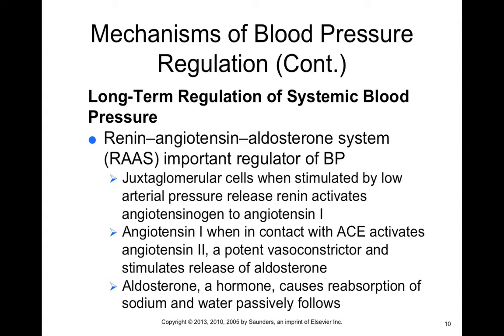And vasopressin is also a vasoconstrictor, which can increase blood pressure. And last but not least, angiotensin 2 can also act on the hypothalamus to make you feel thirsty. So when you have that sensation of thirst, that can make you seek out water. You're going to ingest water, which increases your blood volume and increases blood pressure.